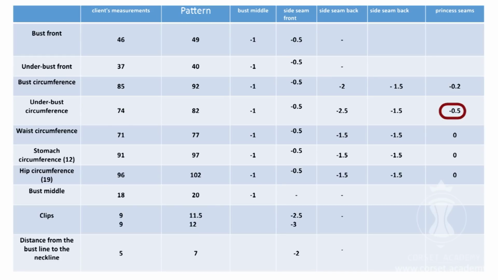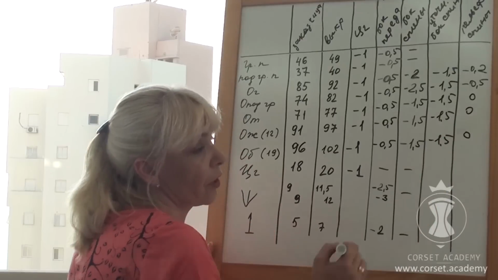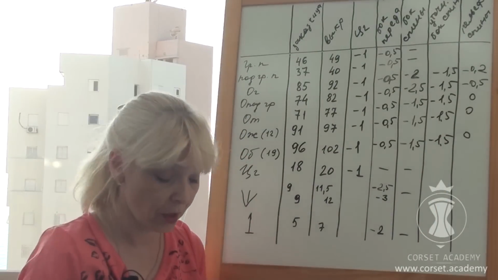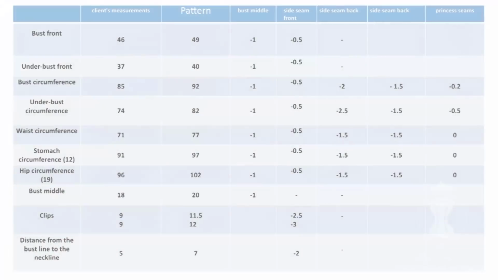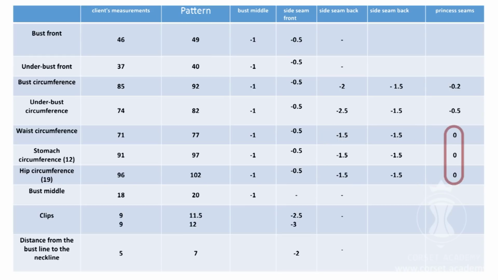I write negative 0.5 centimeters in line 4 of column 8. The calculated alteration value for the side seam of the back in the waist, stomach, and hips has not changed. It is 1.5 centimeters. There will be no alterations in the princess seams of the back. I write zeros in lines 5 through 7 of column 8.